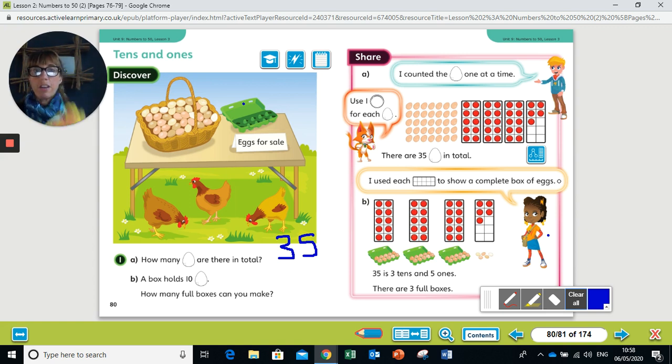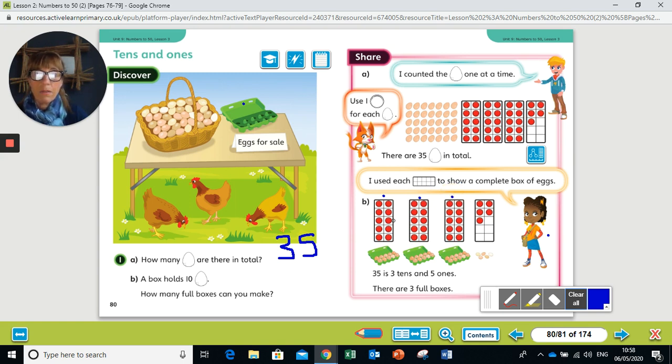So if we had 35 counters representing the eggs, 35 little counters, and filled up our tens frames, this is what we would get. We'd be able to fill up 1, 2, 3 full tens frames.